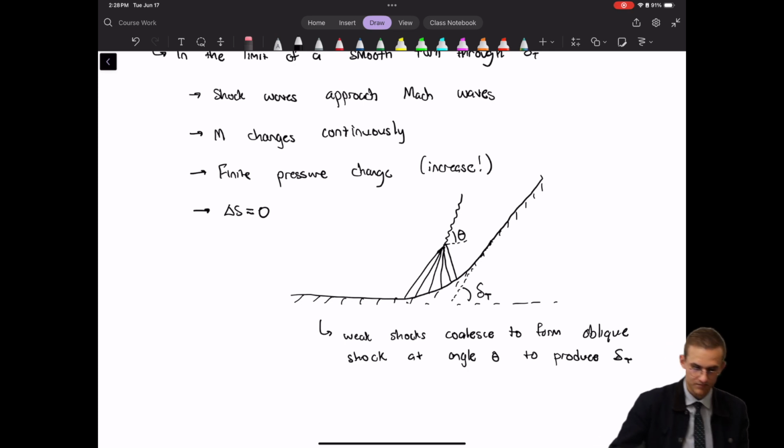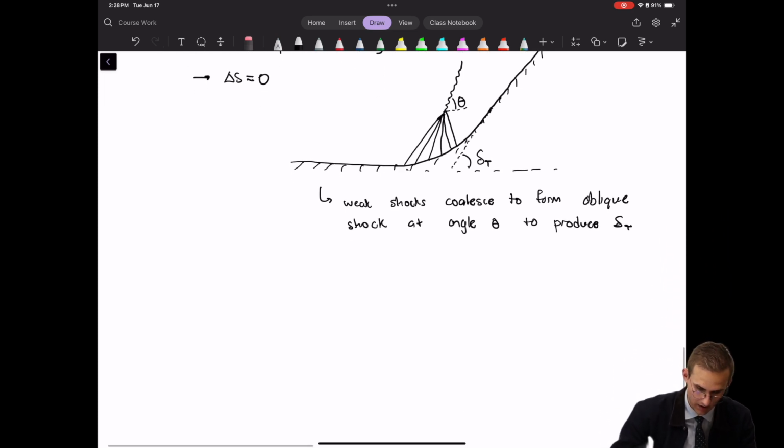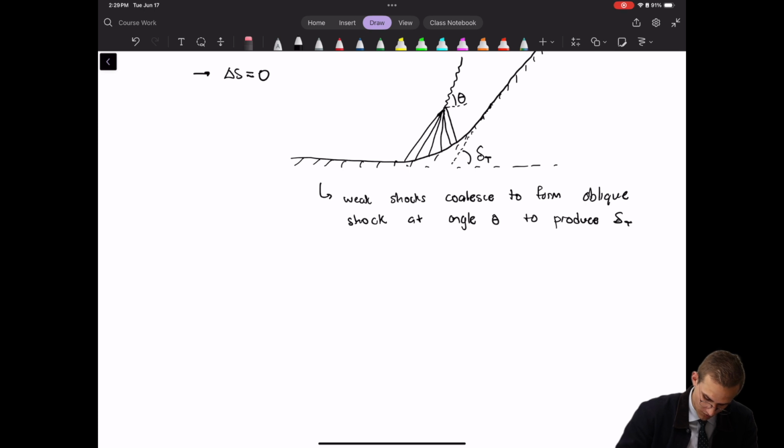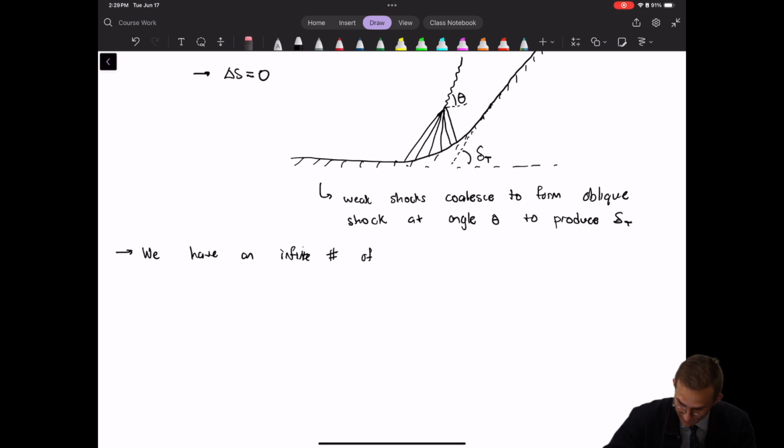Okay. So what do we have here? How would we describe this in words? We have an infinite number of infinitesimal compression waves.